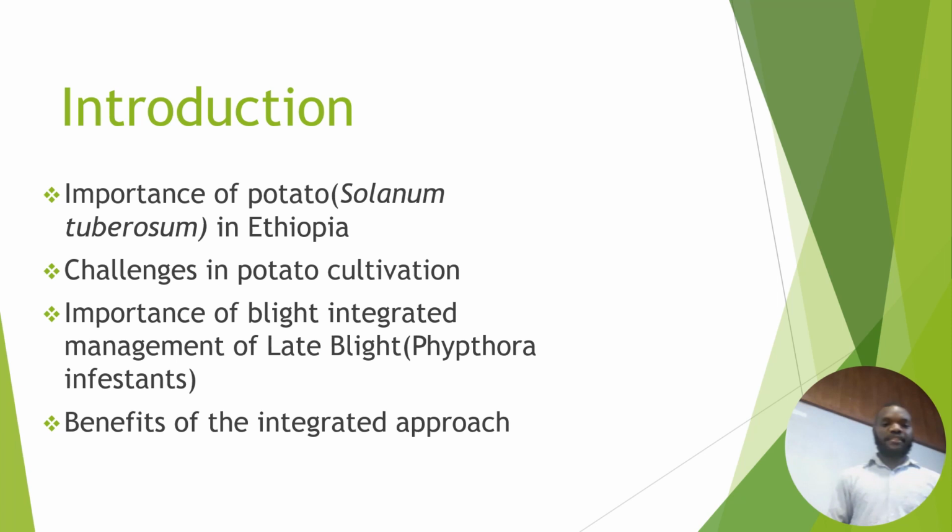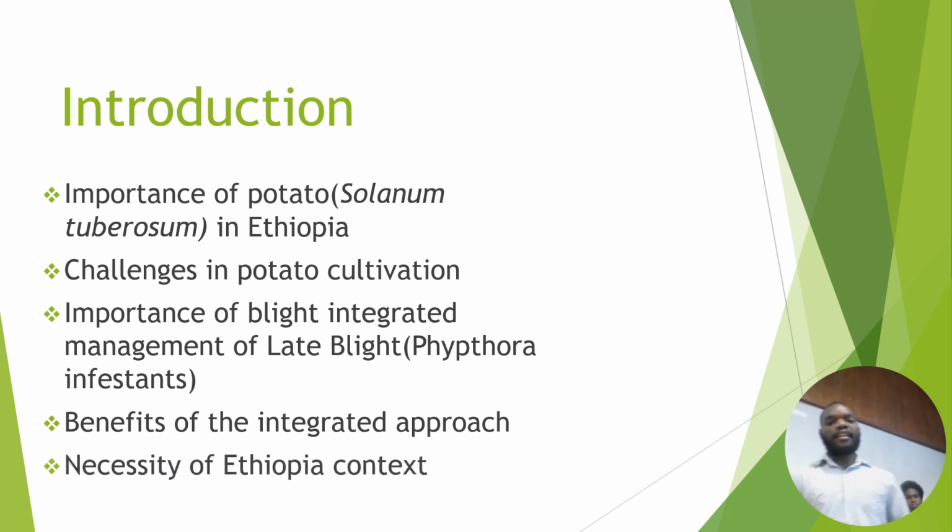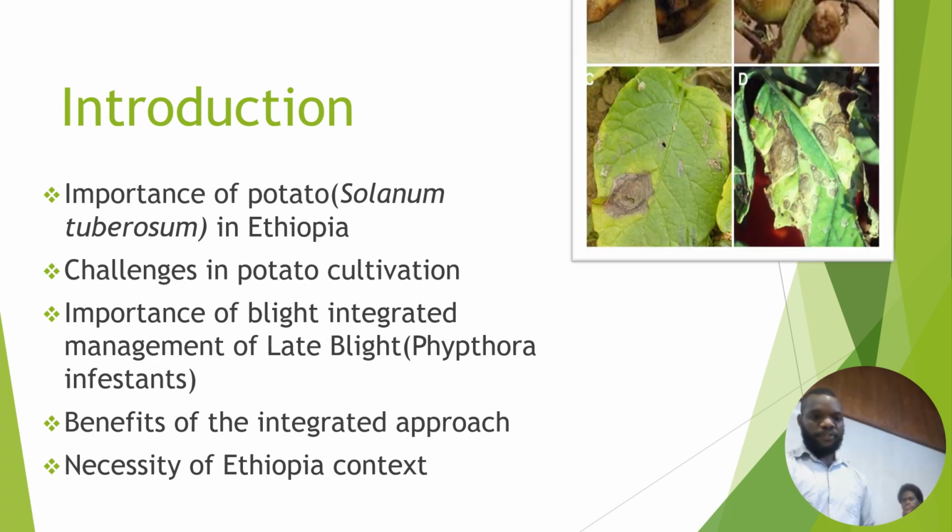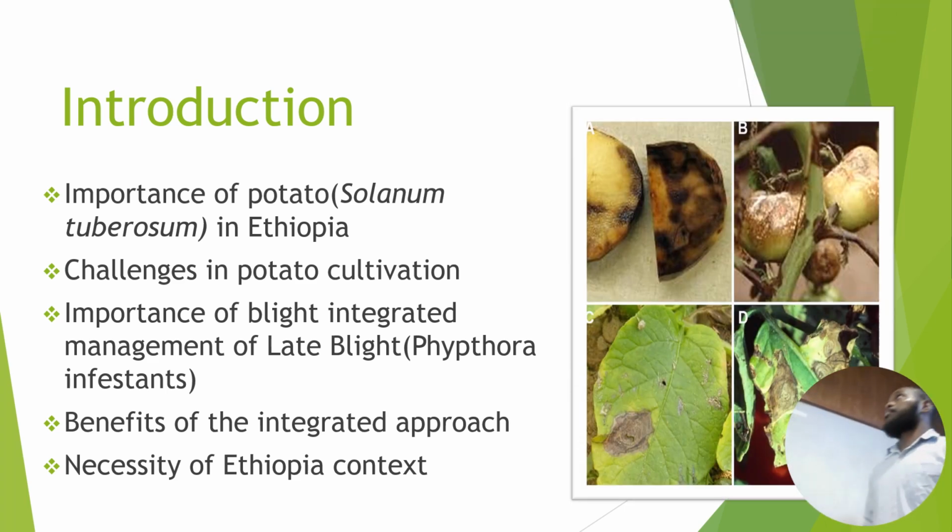Necessity in Ethiopian context: in Ethiopia, potato production during rainy season is low, and without the use of fungicides to control it, it will produce a minimum, small yield of potato. This is a small sample of what we have said, and a diagram of late blight on potato.